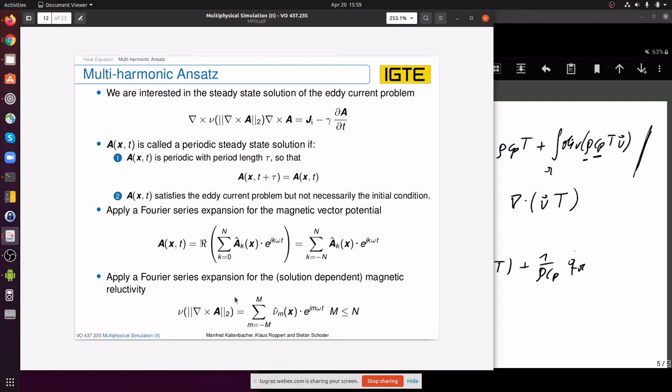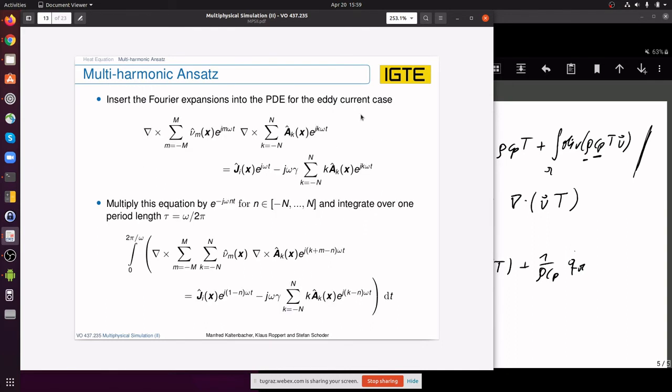And we do the same thing with the magnetic reluctivity. We expand each part, the magnetic vector potential and the magnetic reluctivity, in these truncated Fourier series. We insert them into the eddy current problem, and after some derivations, we end up with a linear system.